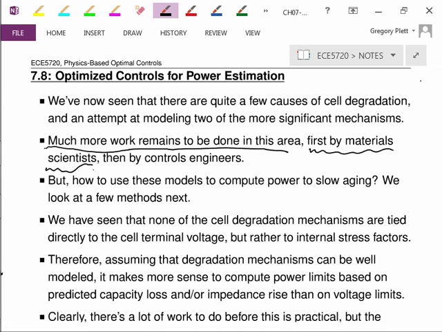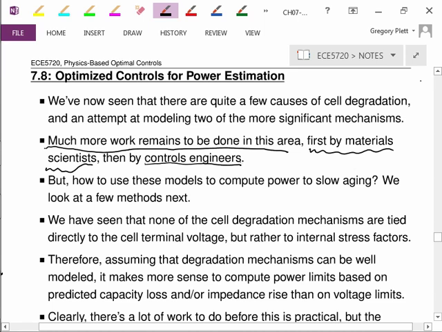So I'm hopeful that we'll see over time more and more models of degradation coming out of research groups studying degradation of lithium-ion batteries. But then, once we have partial differential equation models that are validated and verified against real behaviors, then the controls engineers can come along and propose reduced order models and validate these models against the PDE models.